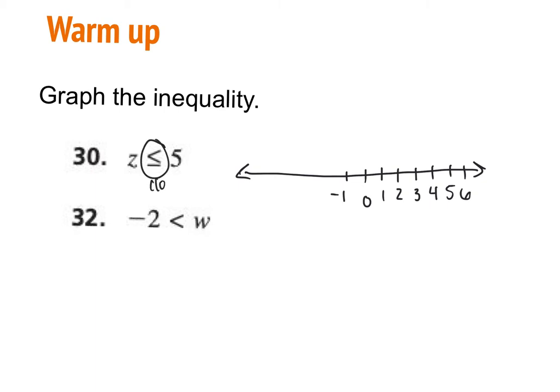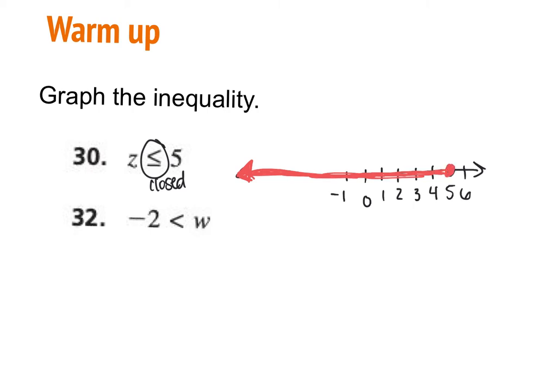It's a closed dot because it's got this line underneath. So we're going to close our dot at 5, and Z is less than or equal to 5, so we are going to be shading to the left. So all this gets shaded in. I'm going to make this nice and shaded. And that is our answer.